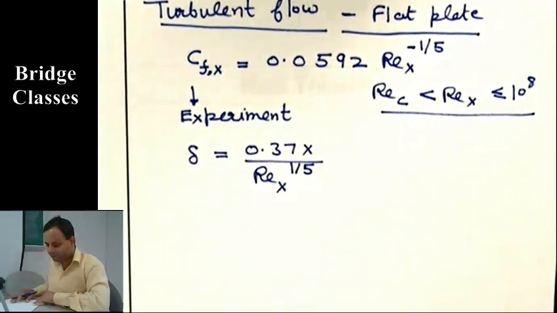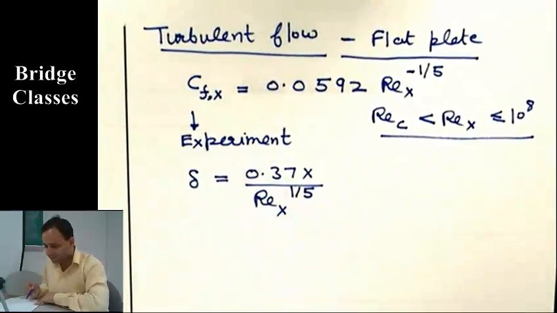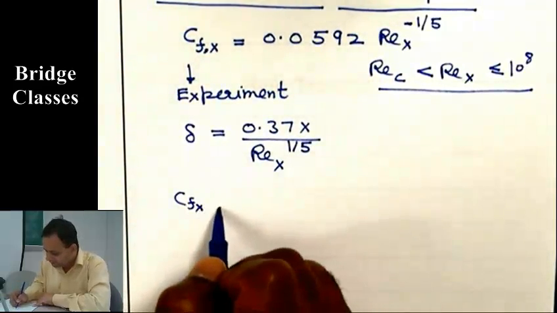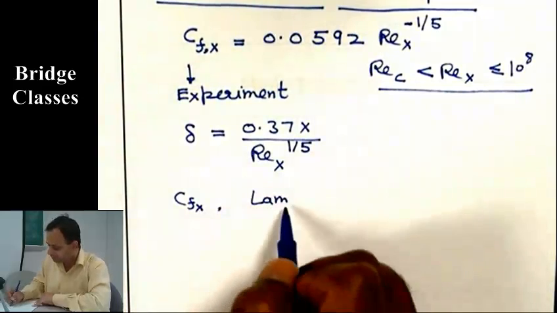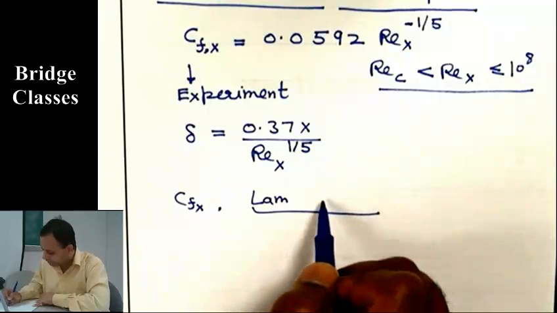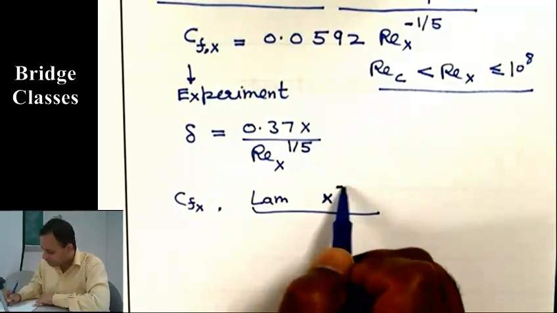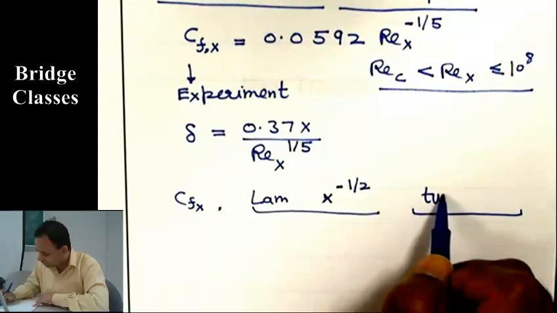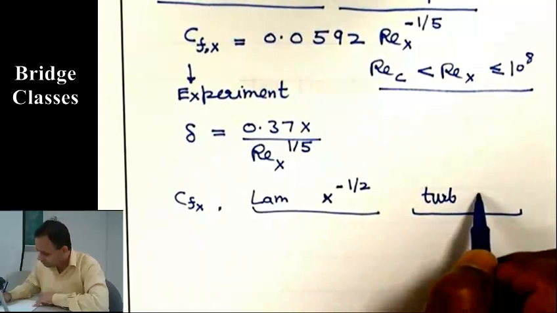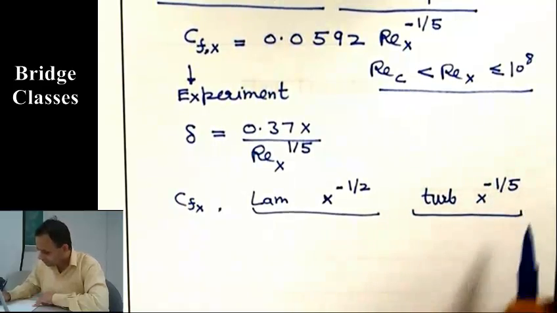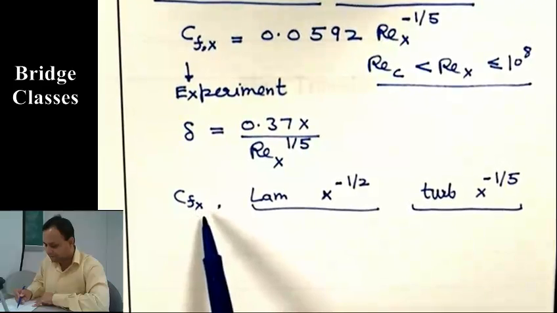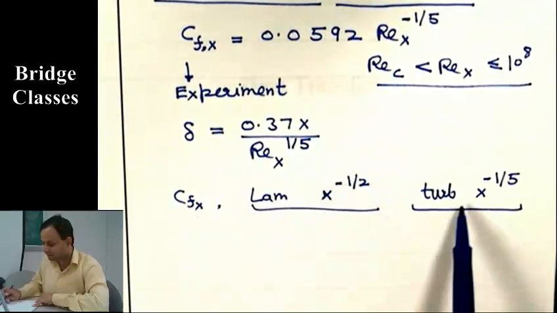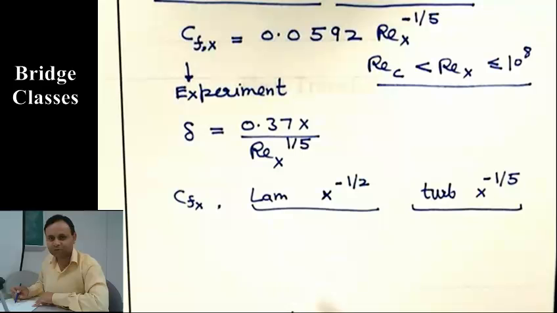Okay. Now if you compare these relations with the relations we had for laminar, see CFX for laminar, it varies with x to the power actually negative half. And if you look at the correlation for turbulent, it varies with x to the negative 1 over 5. Okay. So the idea is friction coefficient in the laminar region decreases at a faster rate than it decreases in the turbulent region.